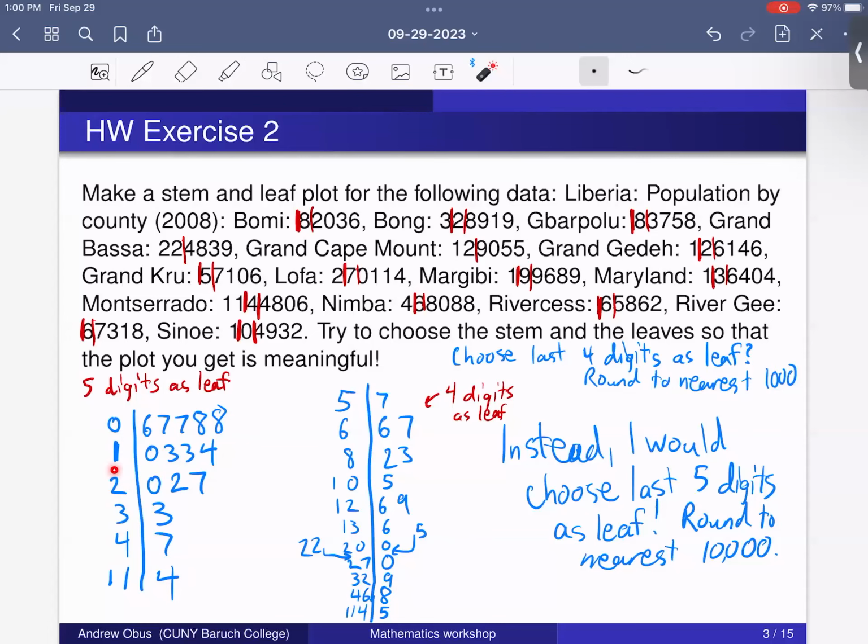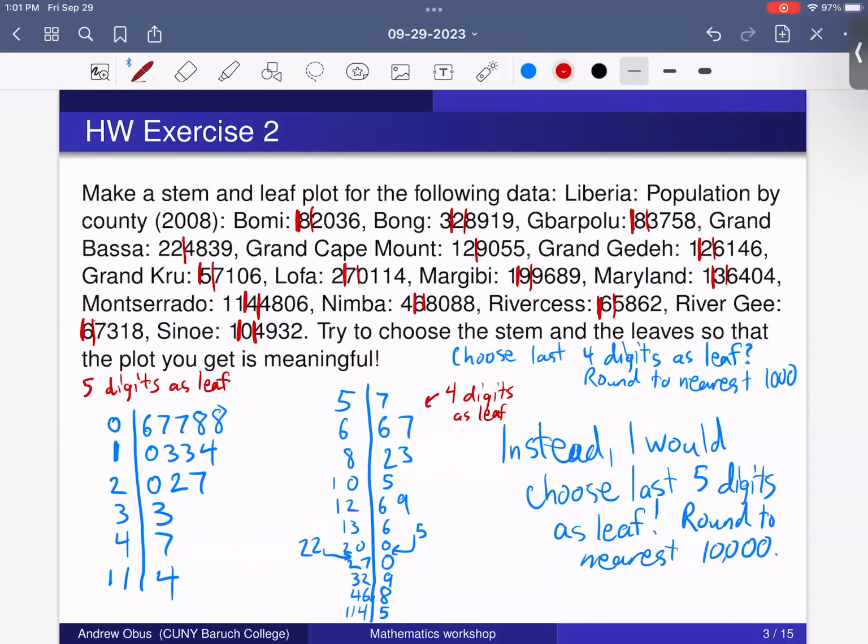And then as you get past that, there's a few big counties that have a lot more than that. But most of the counties are down here in this range around 100,000, 200,000. So I feel like this plot gives more visual information than this one, where you choose the last 4 digits as the leaf. So in my opinion, I would go with 5 digits as the leaf.